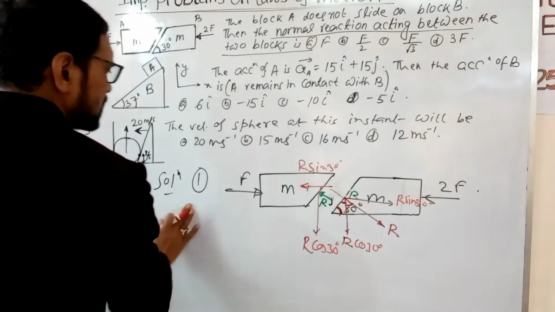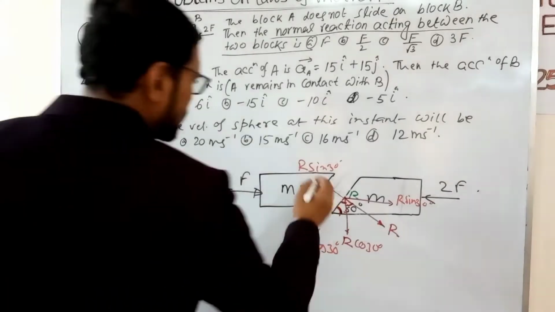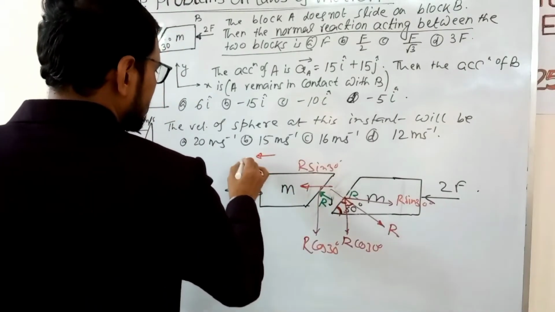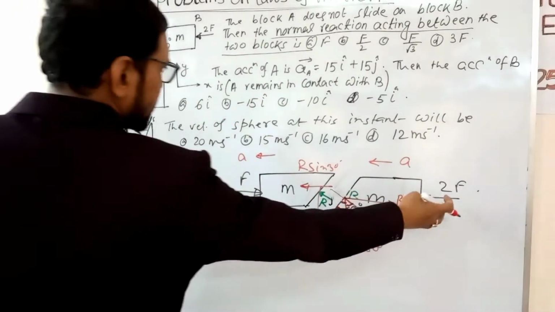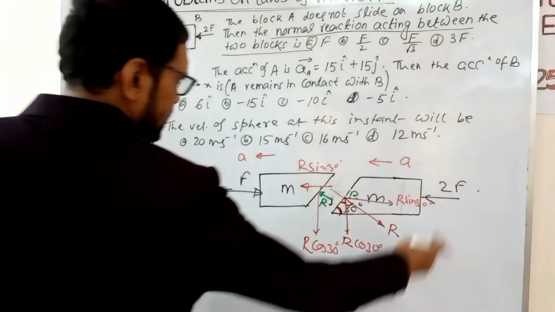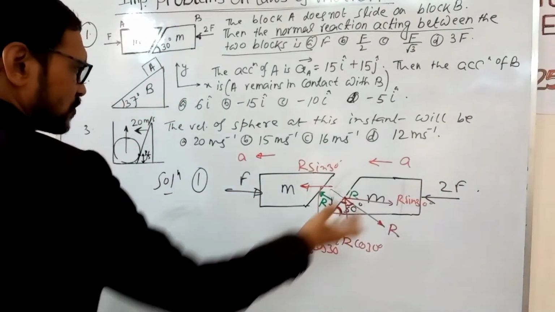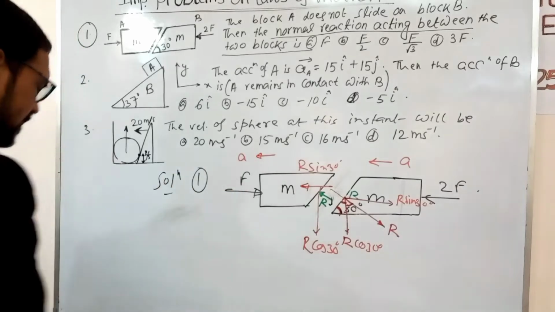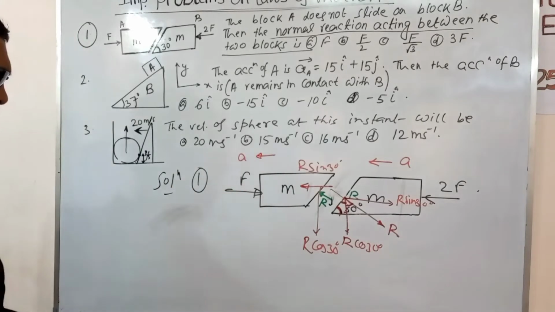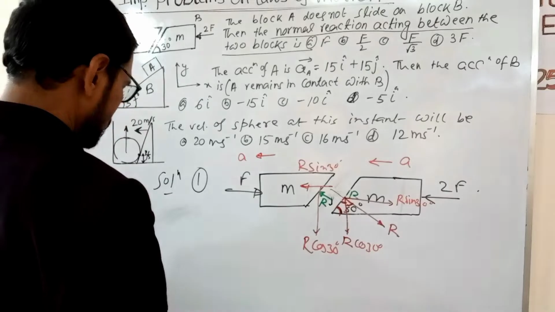Now write the equation of motion. Suppose the two blocks move with acceleration A in this direction, because 2F is more force than F, so the whole block moves in this direction with acceleration A. Now what is the equation of motion?